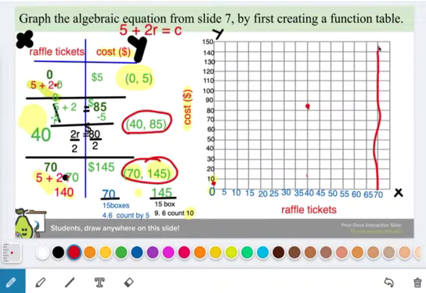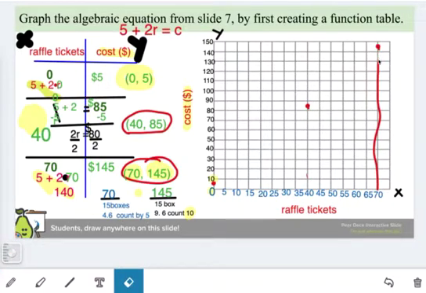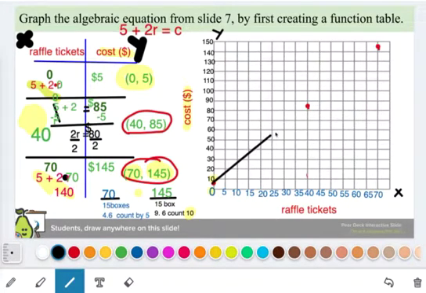That's 140. 145 is in between, so it's right there. And then I can come back and erase this. And then I take the line button right here and draw a nice line connecting them. And it connects perfectly or close to being perfect. That's your graph, okay? That's how you do that. Next one.